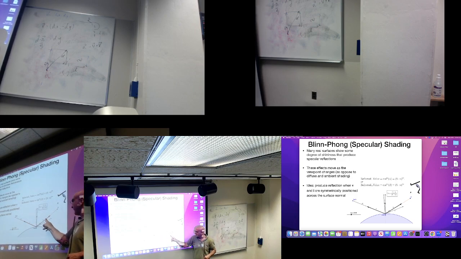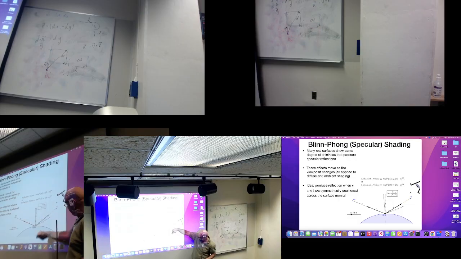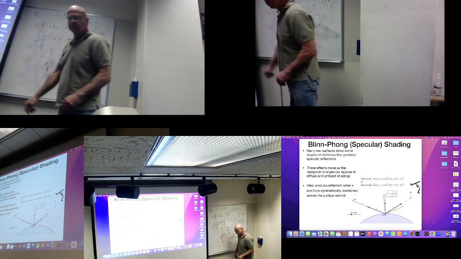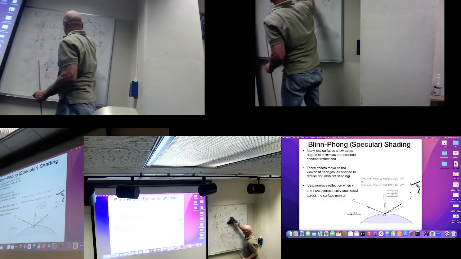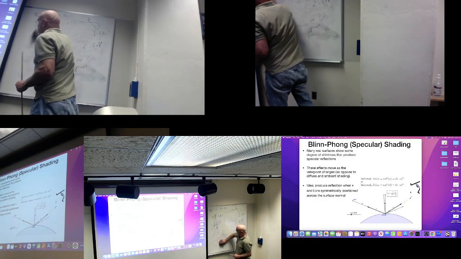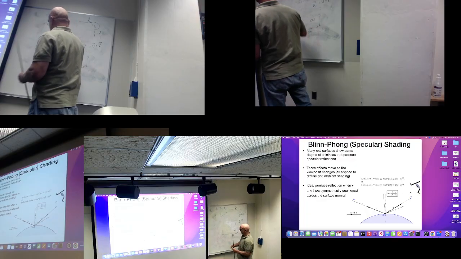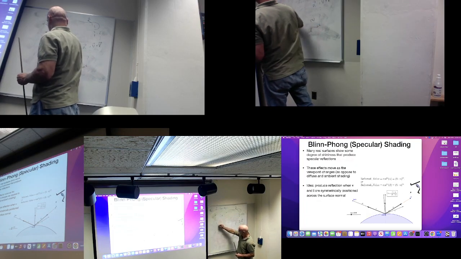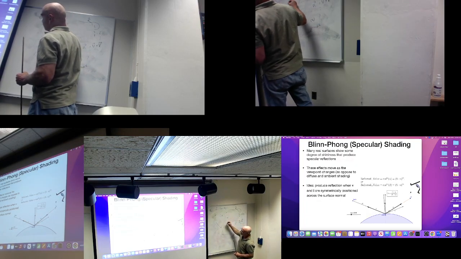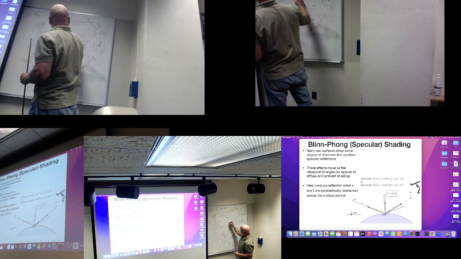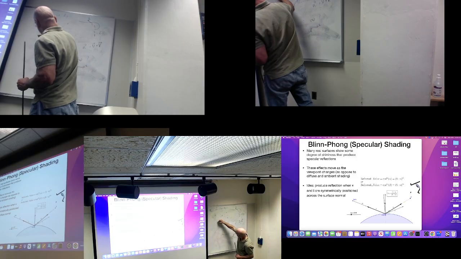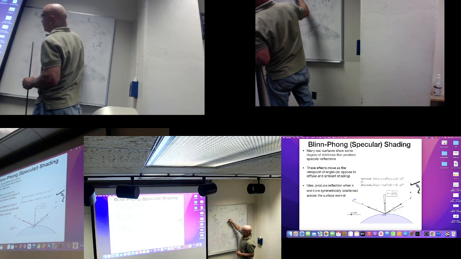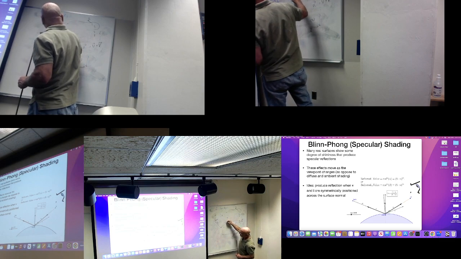What is alpha again? This is the perfect reflection, R, that's the direction D from the sun, and this angle is alpha.